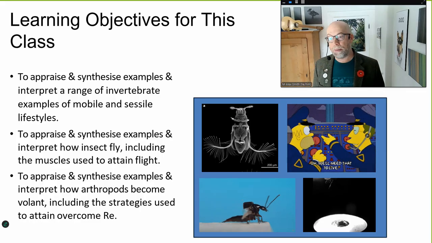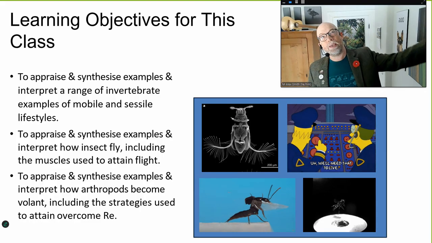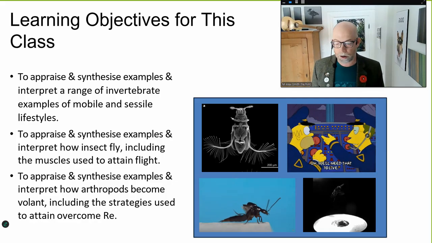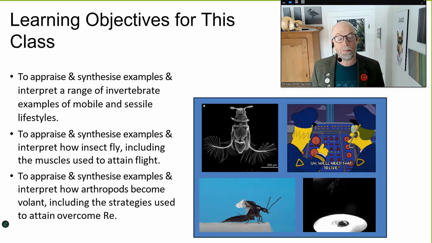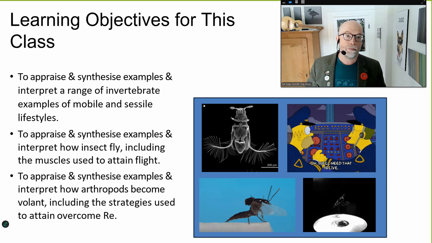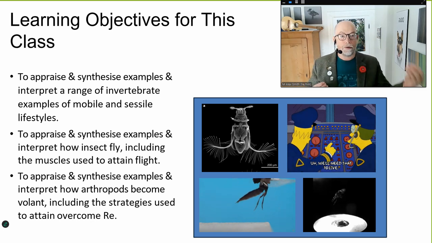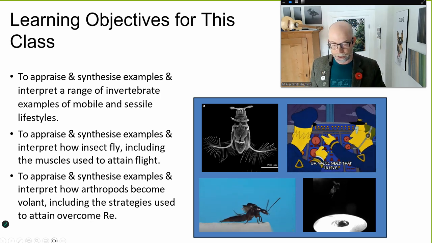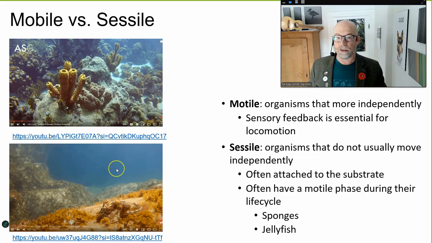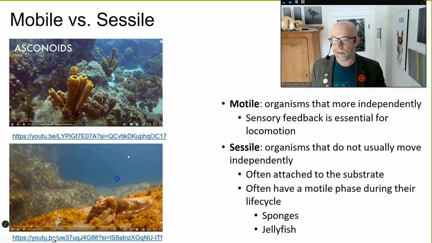And then to make a bridge all the way back to the marine systems at the start of the course when we were talking about plankton. Plankton's going to come up again today, but we're going to talk about aerial plankton, and the role of inertia versus drag, and low Reynolds environments versus high Reynolds environments.